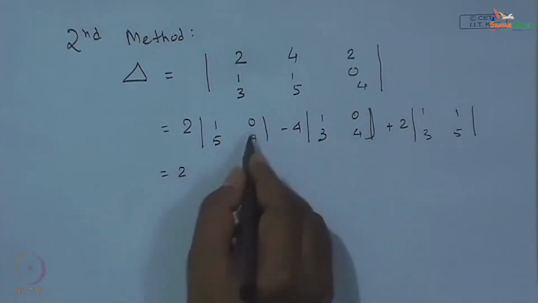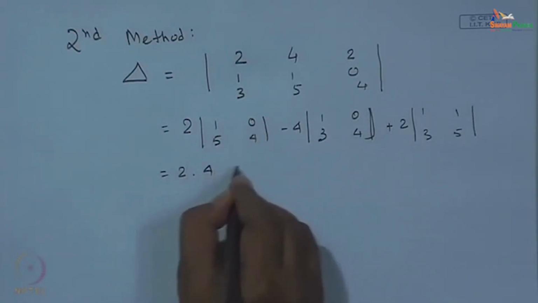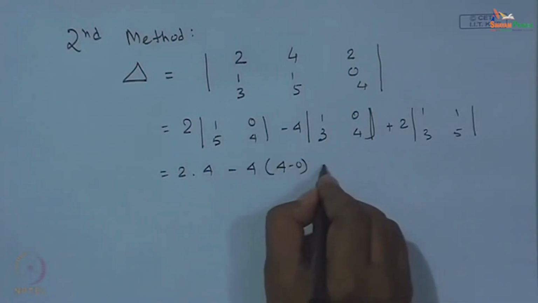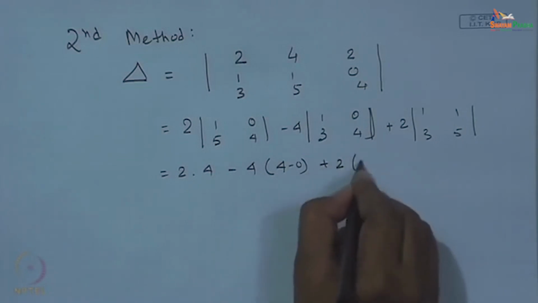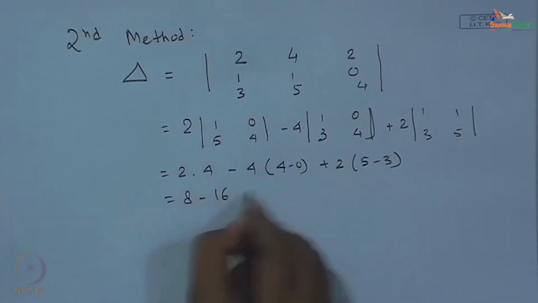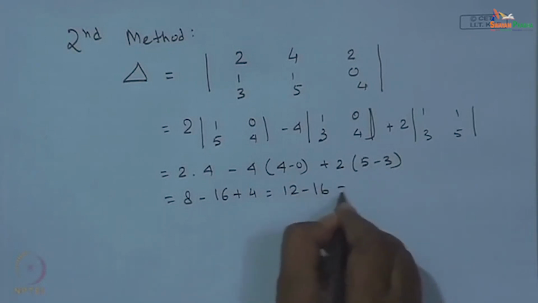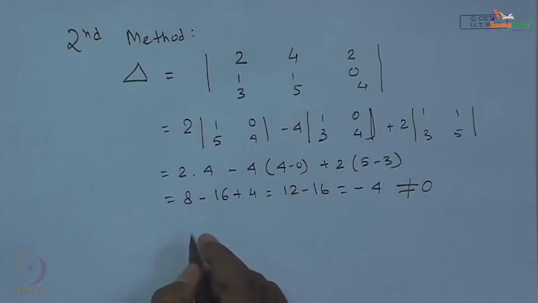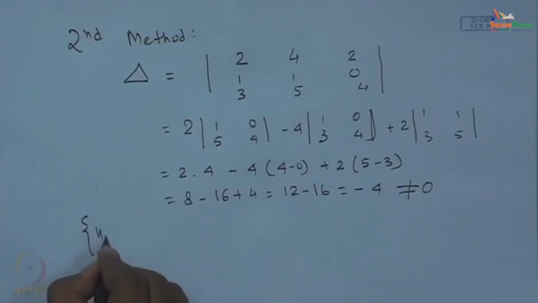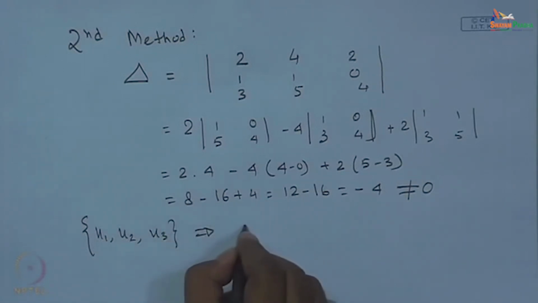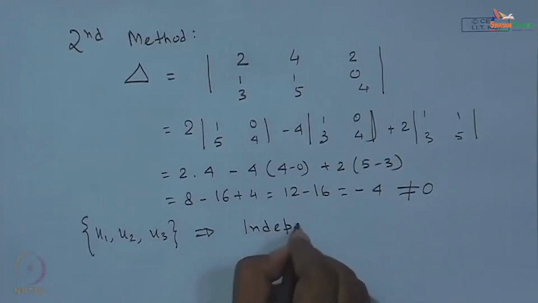So, this will be 2 into 4 minus 0, minus 4 into 4 minus 0, plus 2 into 5 minus 3. So, it will be 8 minus 16 plus 2 into 2, which is 4. So, it will be 12 minus 16, which is minus 4, and this is not equal to 0 in this particular case. Therefore, U1, U2, U3 are an independent set of vectors.